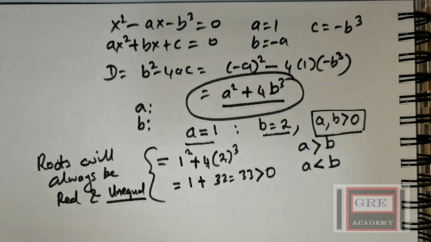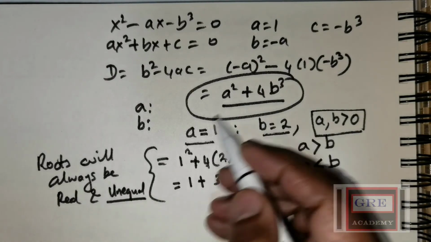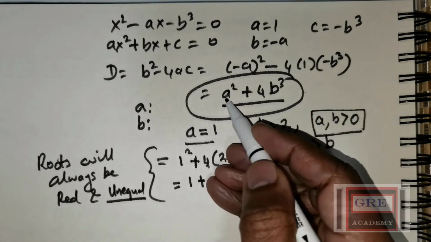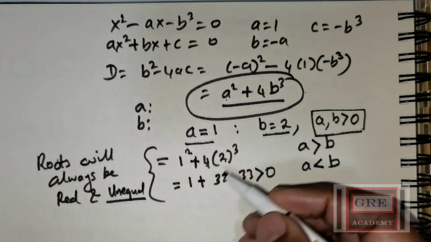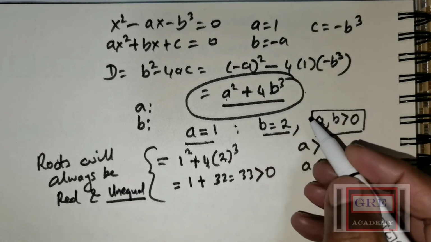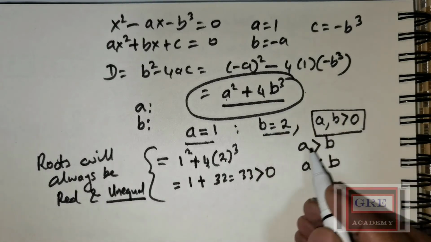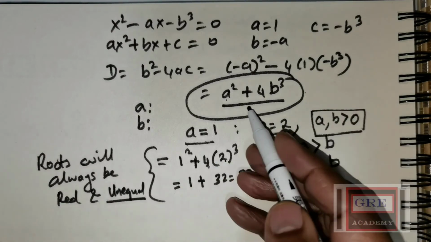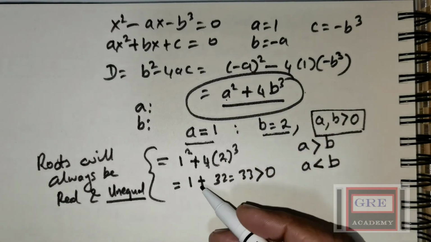Okay, because it can't be 0, right? For the simple fact that you got a squared positive, you are not going to get an output where the quantity is equal to 0. That's not going to happen because both of them are positive.